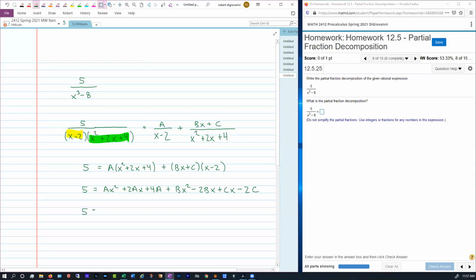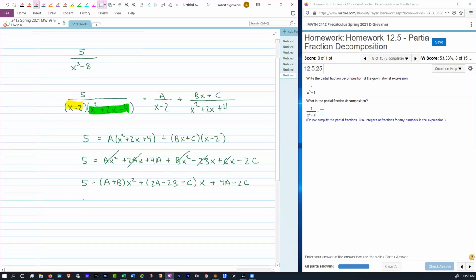Okay, collecting together x squared, I've got A plus B. X squared, that takes care of those. X's, I have 2A, I have minus 2B plus C. Those are my x's. That's this one, and this one. And then the thing by itself is just 4A minus 2C.